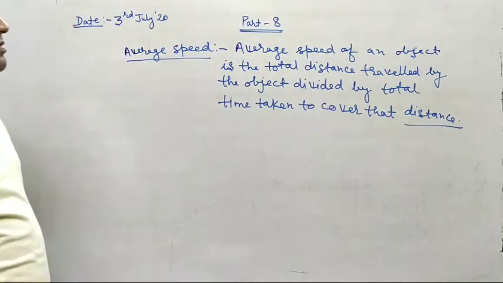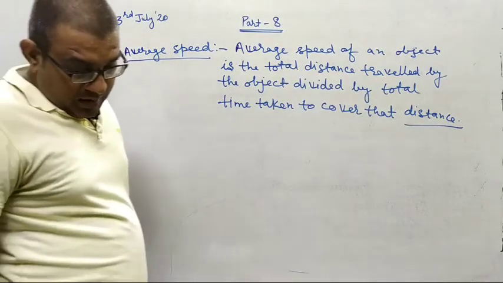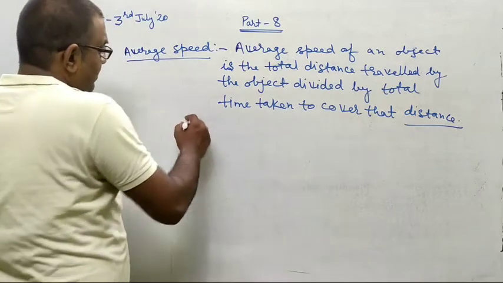Total distance divided by the total time taken.